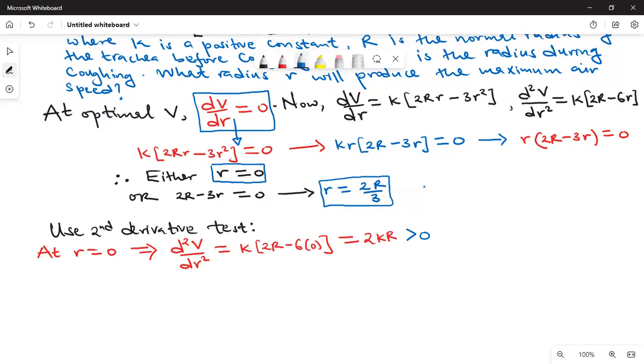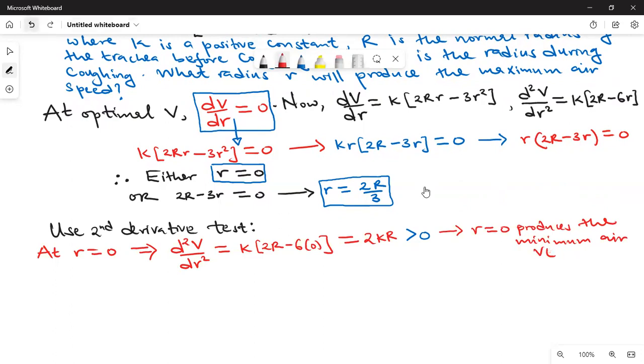So what does it mean? Therefore, this means that r is equal to 0 produces the minimum air velocity or air speed.